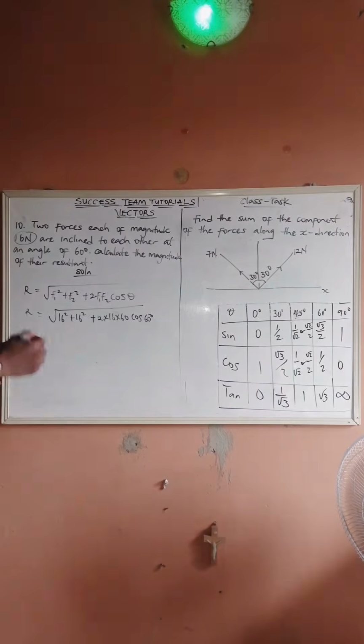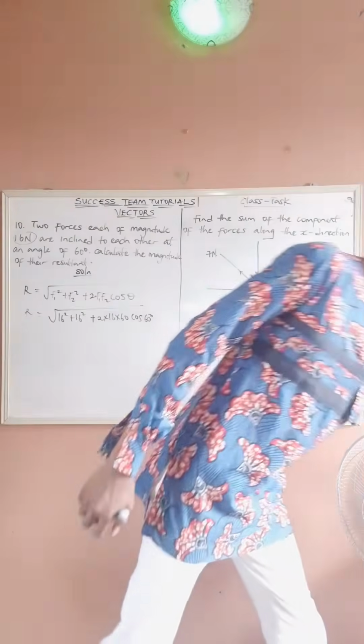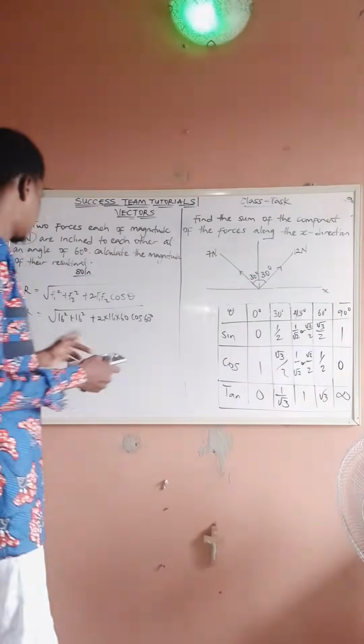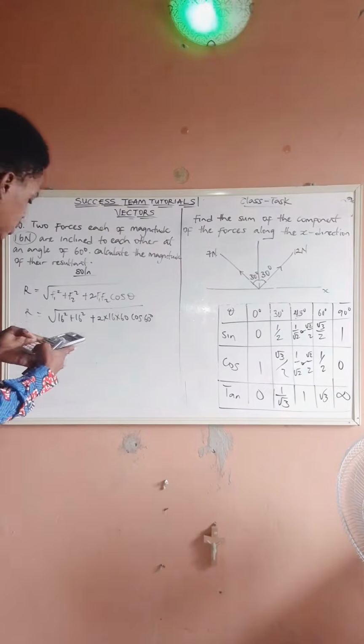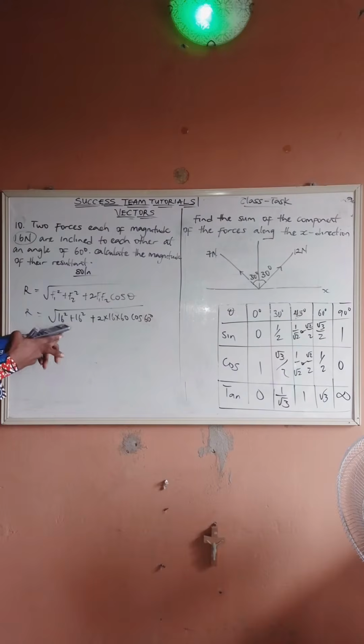What's 16 times 16? That's 16 squared, which is 256. 256 plus 256 is 512.